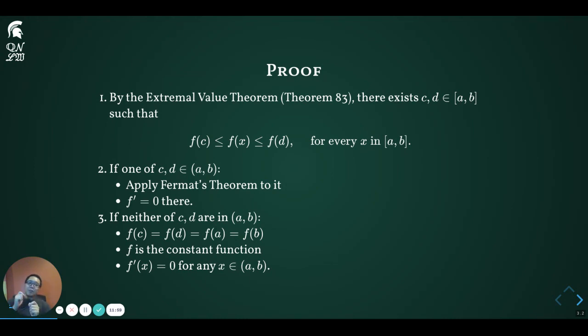And hence, the function has to be a constant function. But since the constant function has derivative 0 everywhere, we can just pick any point strictly between A and B and conclude that the derivative is 0 there.